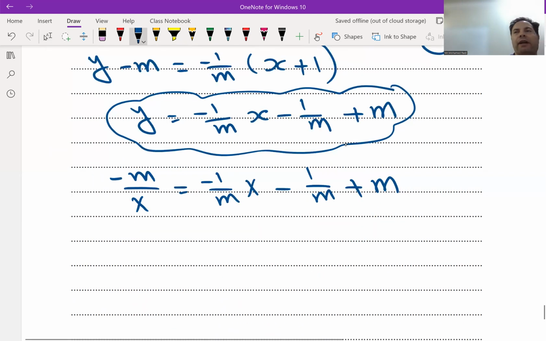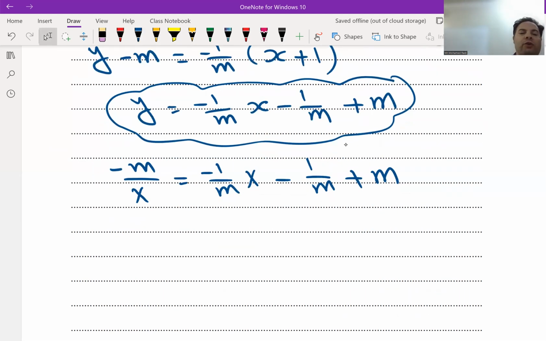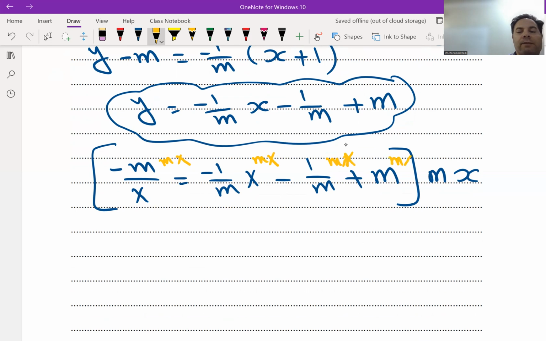How to simplify and solve this equation? You can multiply all terms by mx to simplify and remove the denominators. The first one multiplied by mx, and so on for each term.